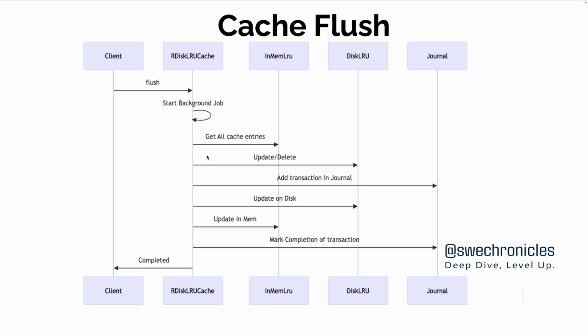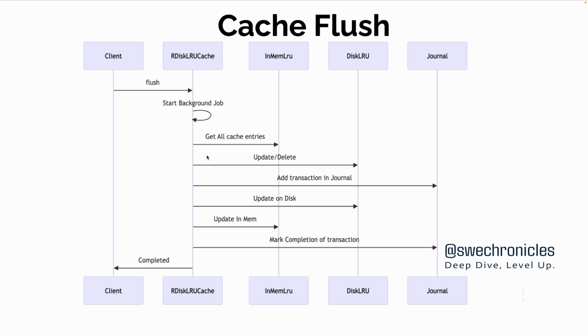All entries stored in the in-memory LRU cache are retrieved. For each entry, if the entry has been modified, it's updated and written to the on-disk LRU cache. If the entry has been deleted, its corresponding file is removed from the on-disk LRU cache.